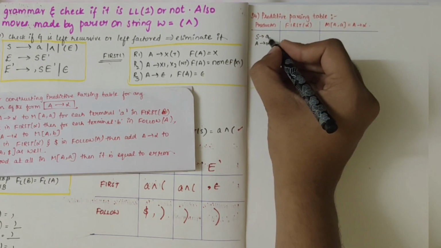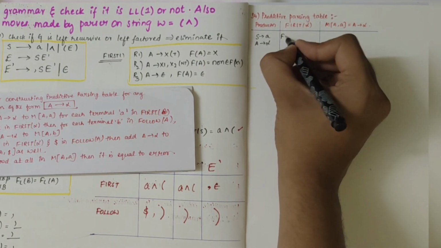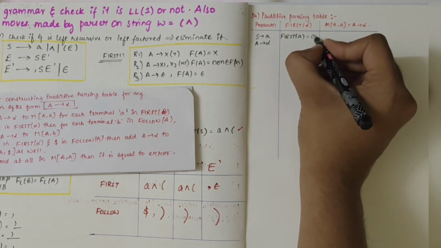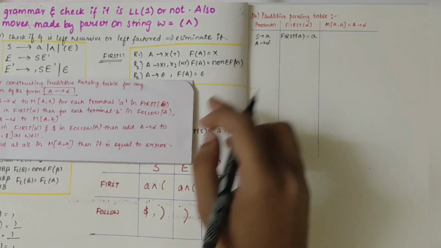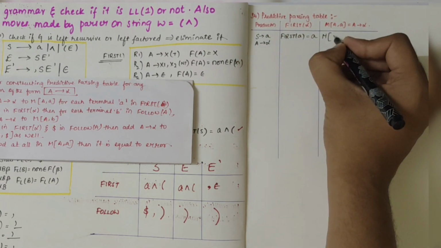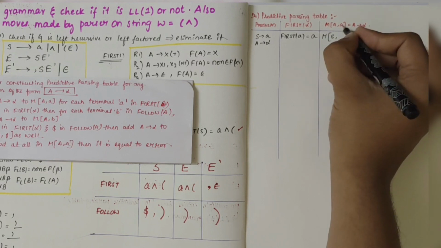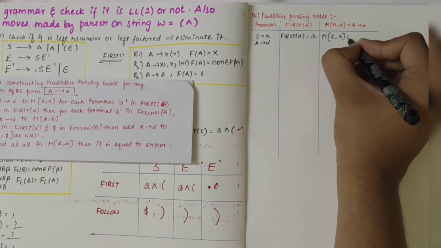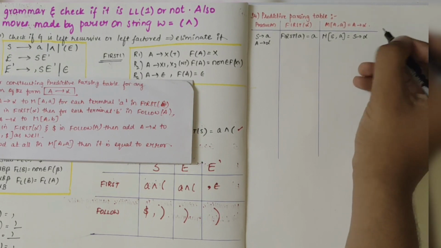So we have to write first of alpha, first of a being the non-terminal, it would be the same. So we get a itself. In that case we can write M of S, a, where S is M of A here, and small a is small a itself. We get S derives a.